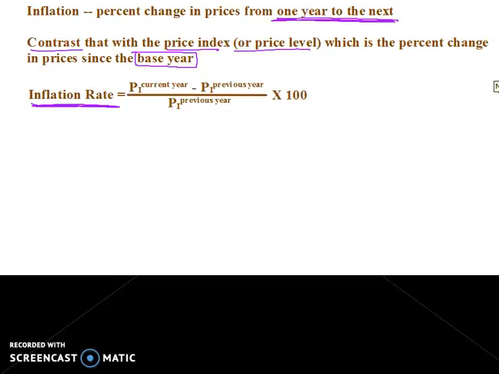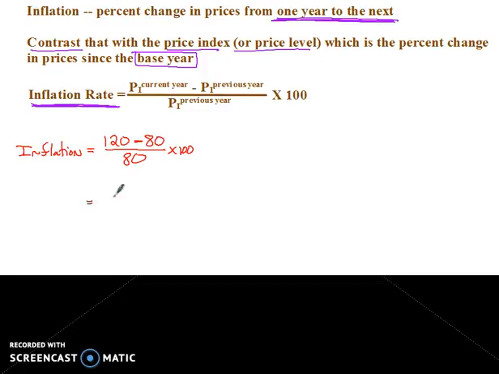The inflation rate is equal to the price index of the current year, which was 120 in year 8, minus the price index of the previous year, year 7, when the price index was 80. That's the change in the price index, all divided by the price index the previous year, which was 80, and then you multiply that by 100.